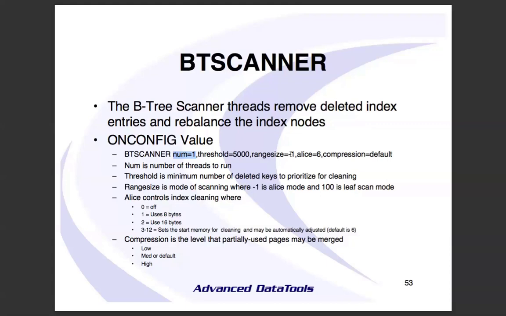And range size, I leave that at the default, -1. Alice is there, and there's a fancy name for Alice that I always forget. 6 is the default, and it basically says how much memory to use for cleaning. And then the compression level for partially used pages, the default is medium.